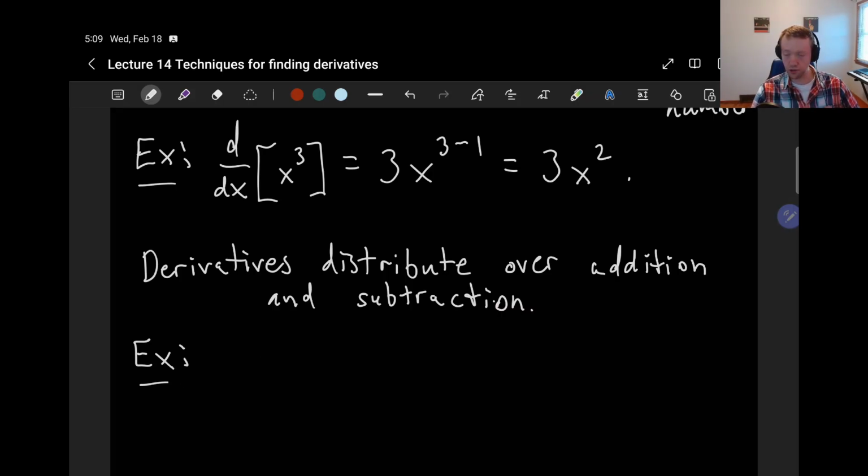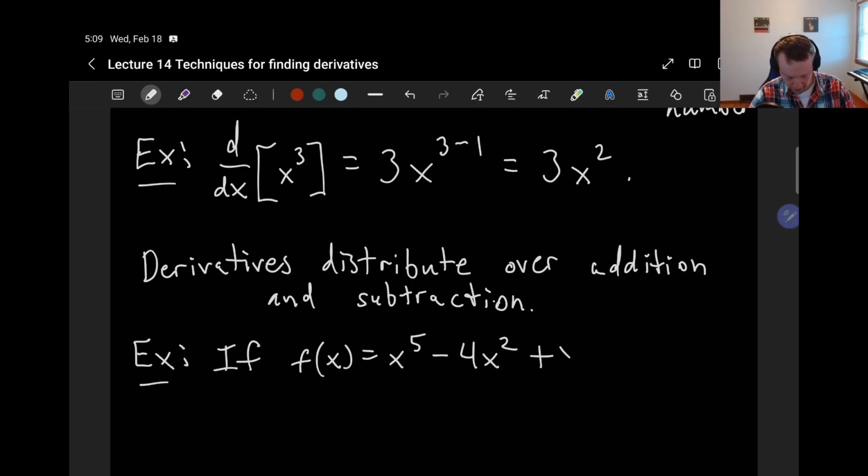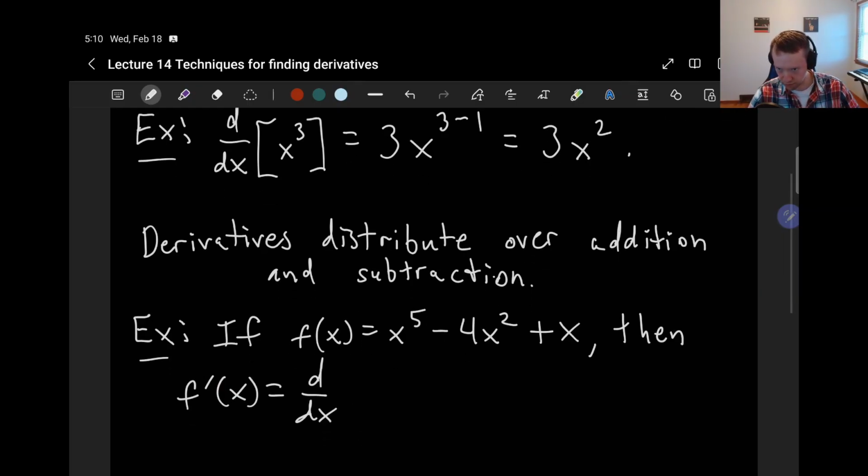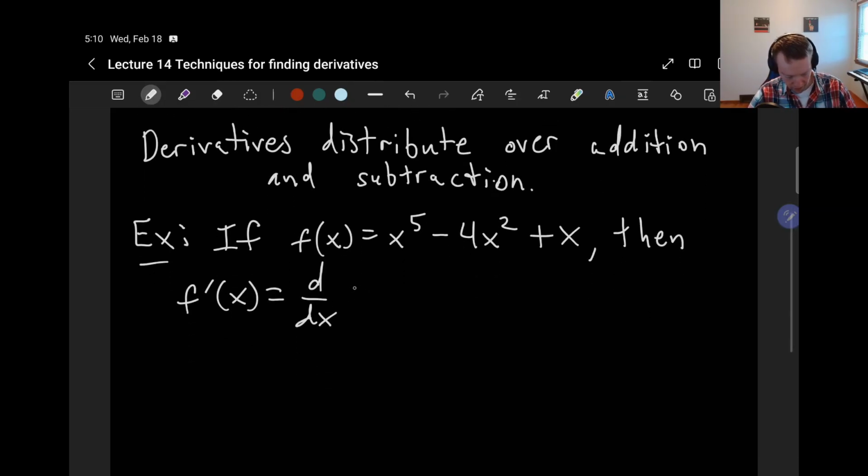Here, I'm just going to use the alternate notation. Remember, there are a couple ways to write derivatives. If f of x is x to the fifth minus 4x squared plus x, then the derivative, f prime of x, normally I won't show this much work, but since we're just getting started, we're taking the derivative of every individual term.